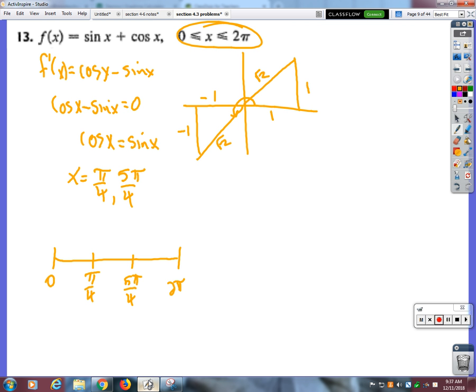What is the cosine of pi? -1. What's the sine of pi? Sine of pi is 0. So is it going to be positive or negative? Okay, so it's negative in this region, which means it's positive on both sides, which means you guys can now answer A and B on your own.